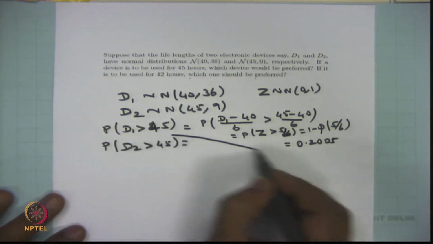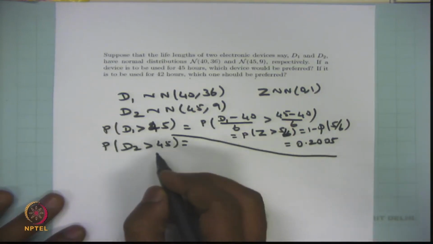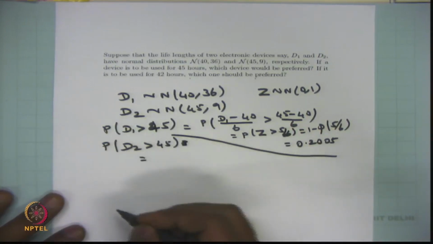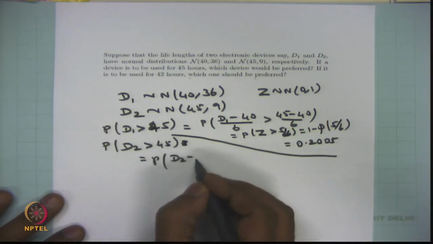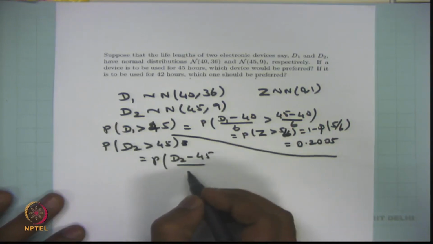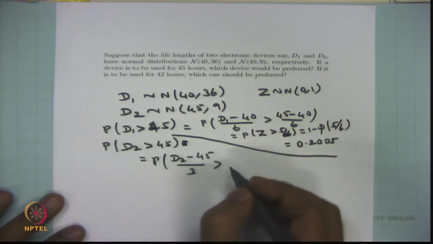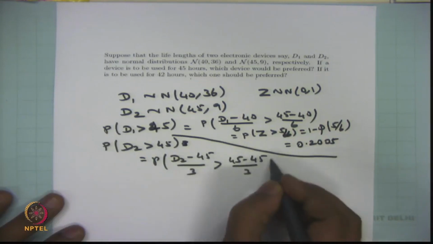Now, we will compute the probability of D2 greater than 45. In the same way, that is the probability of D2 minus the mean. The mean of the second device is 45 and the variance is 9, therefore the standard deviation is 3, greater than 45 minus 45 divided by 3.